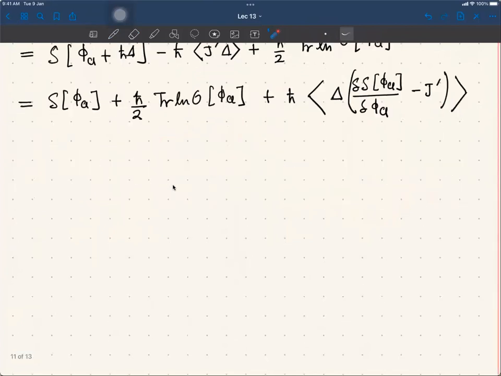Now let us calculate this quantity. What is this? This is written back in terms of phi lower bar.